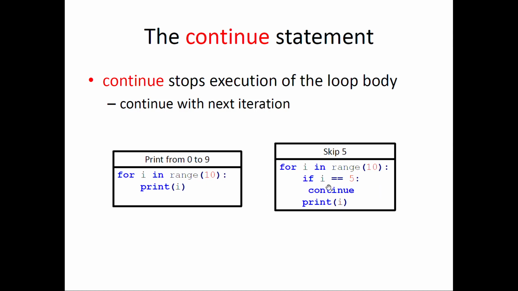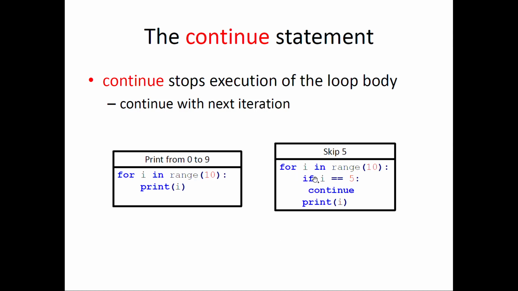But when you have a continue statement, when it hits continue, the computer will not execute whatever instructions come after continue. It will skip all of that and go to the next iteration.